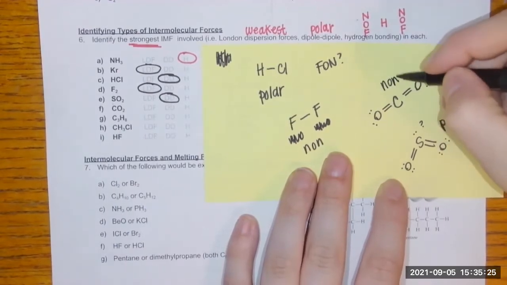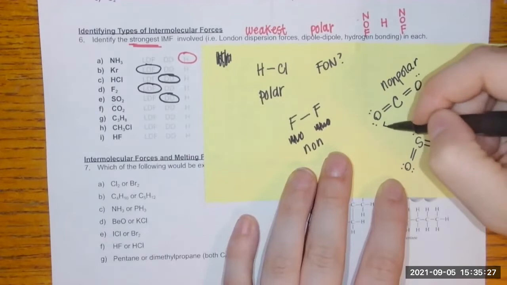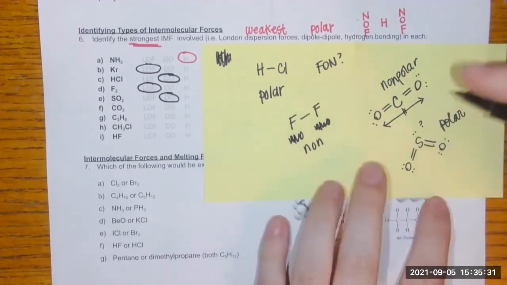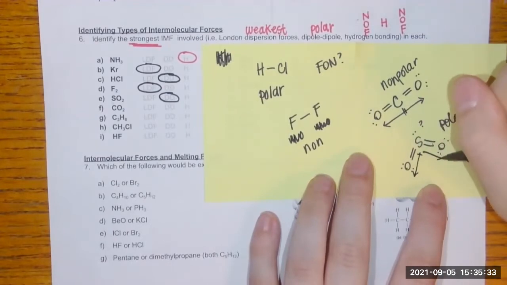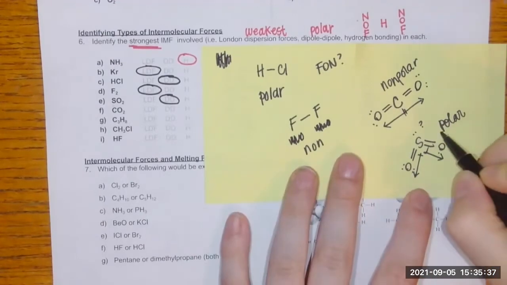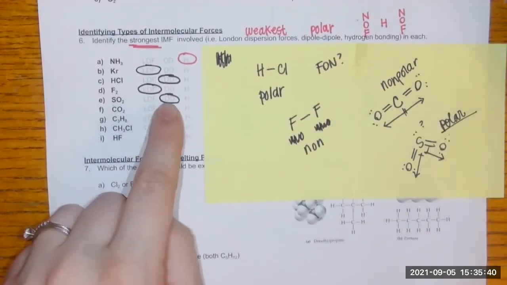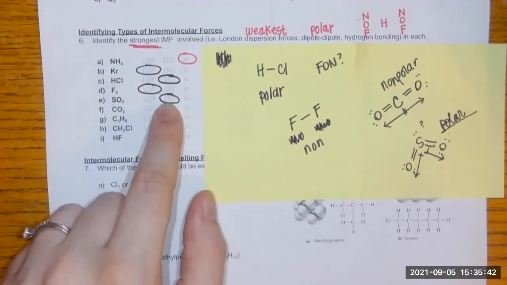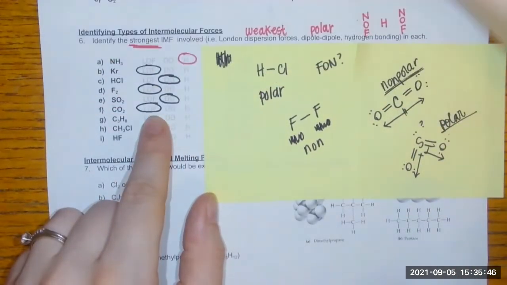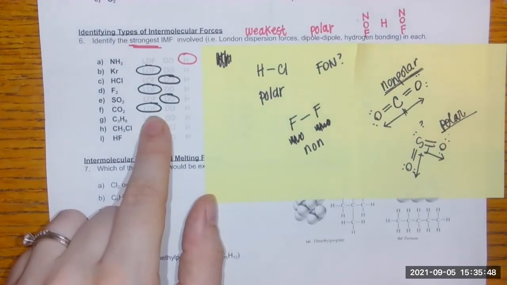This one is non-polar because this shape cancels out. These polarity arrows do not cancel out. So where this one's polar and becomes dipole-dipole, the CO2, since it's non-polar, the most it could have going on would be London dispersion forces.